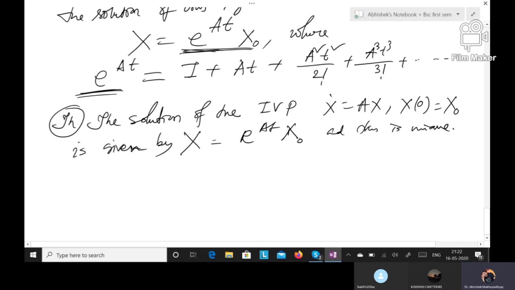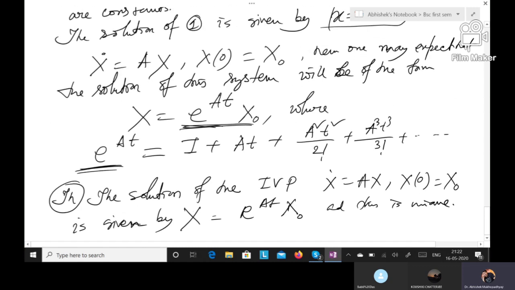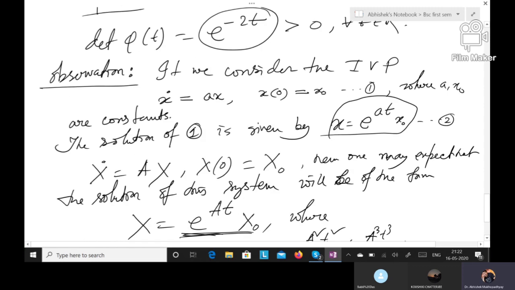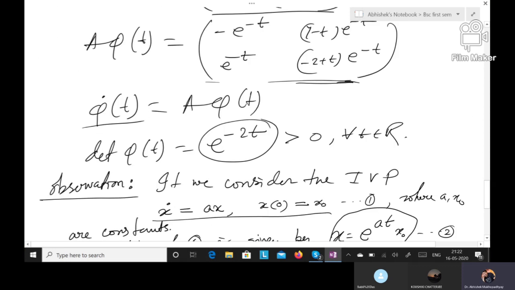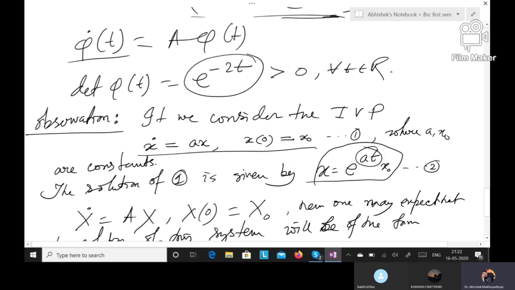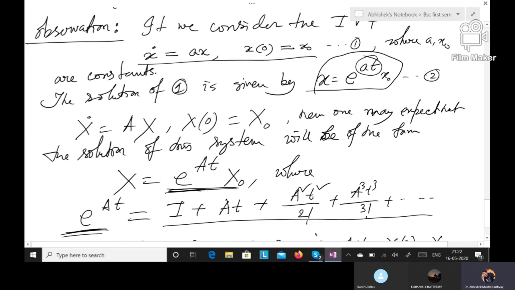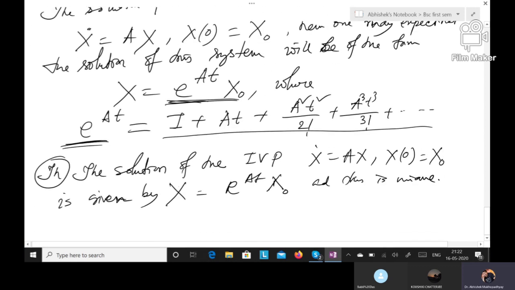So this is interesting, that this solution actually looks like the solution for the scalar system, and e to the power AT has been defined to be the expression which resembles the expression of e to the power at, that is 1 plus AT plus A square T square by 2 factorial plus A cube T cube by 3 factorial and so on.